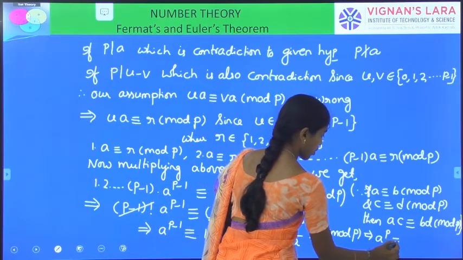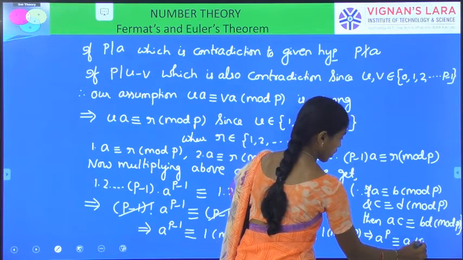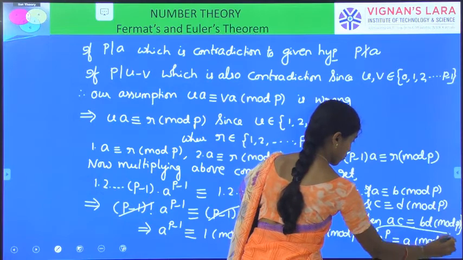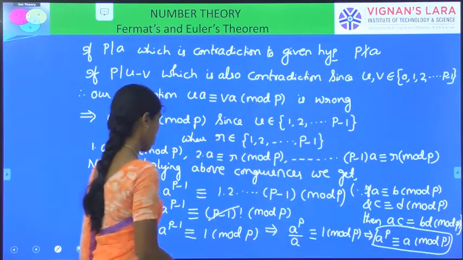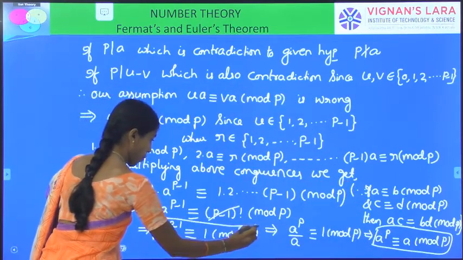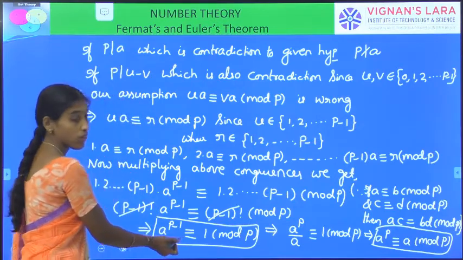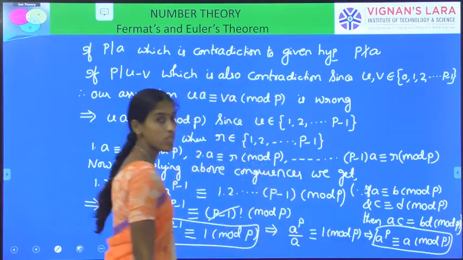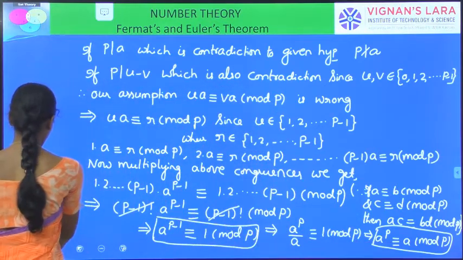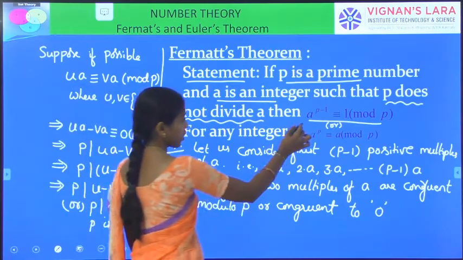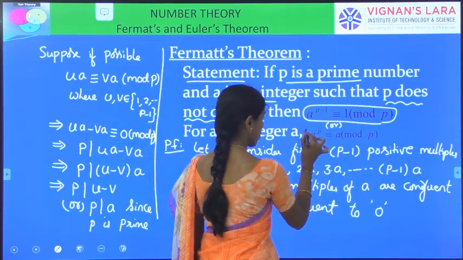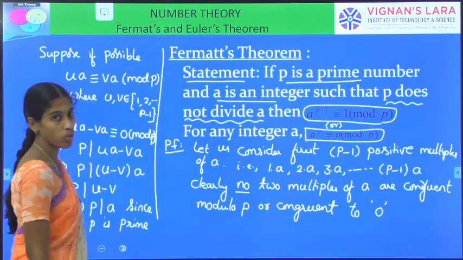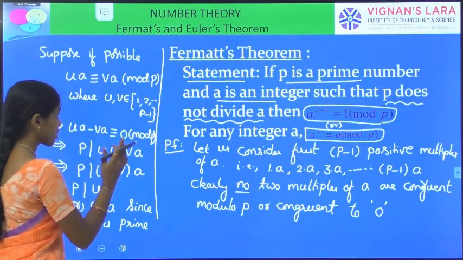A power P is congruent to A modulo P. Either the first one is the statement of Fermat's theorem or the second one is the statement of Fermat's theorem. Now see the statement. A power P minus 1 is congruent to 1 mod P or A power P is congruent to A modulo P. Right? This is the proof.